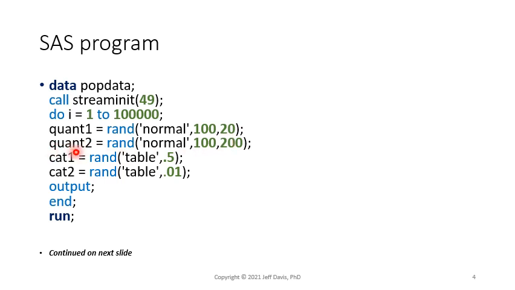For the second quantitative variable, again, a normal distribution. It also has a mean of 100, but look at the standard deviation. It's 200.